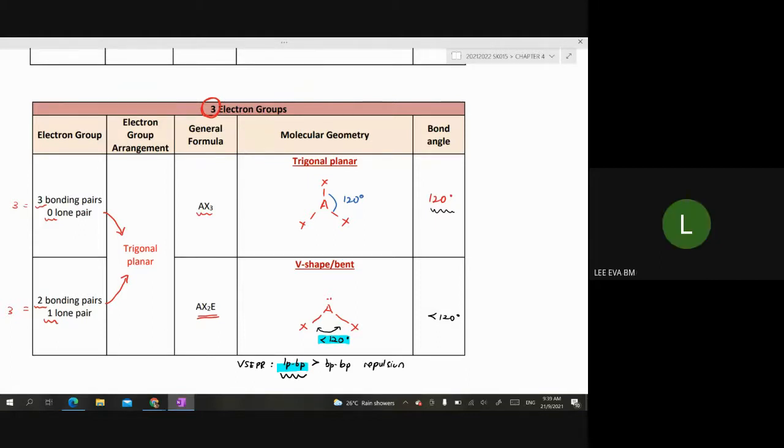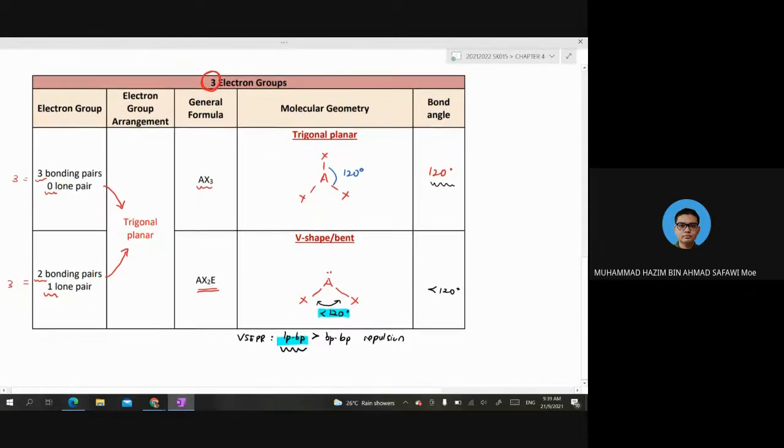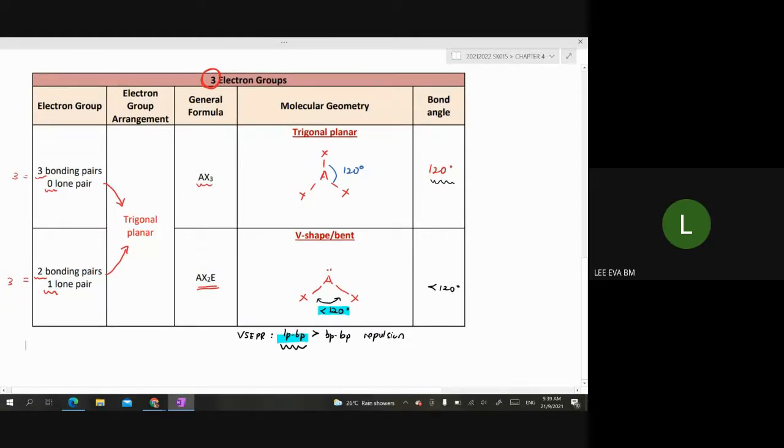Yes, good. Exactly. So it wouldn't be 120, maybe it can be 90 or 100. You just write less than 120 only. You don't have to find the exact bond angle. The exact bond angle is only for certain species, for example H2O and NH3, the common ones. But for the rest, you just write less than using this symbol.